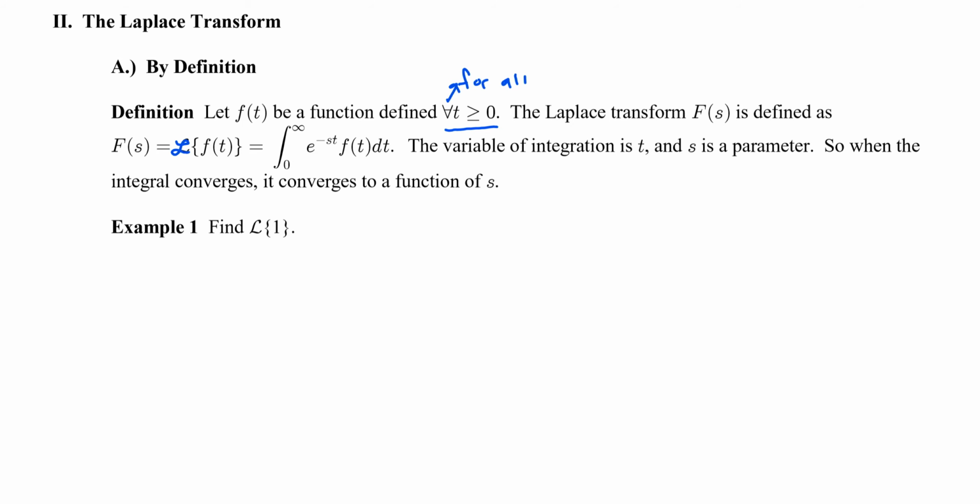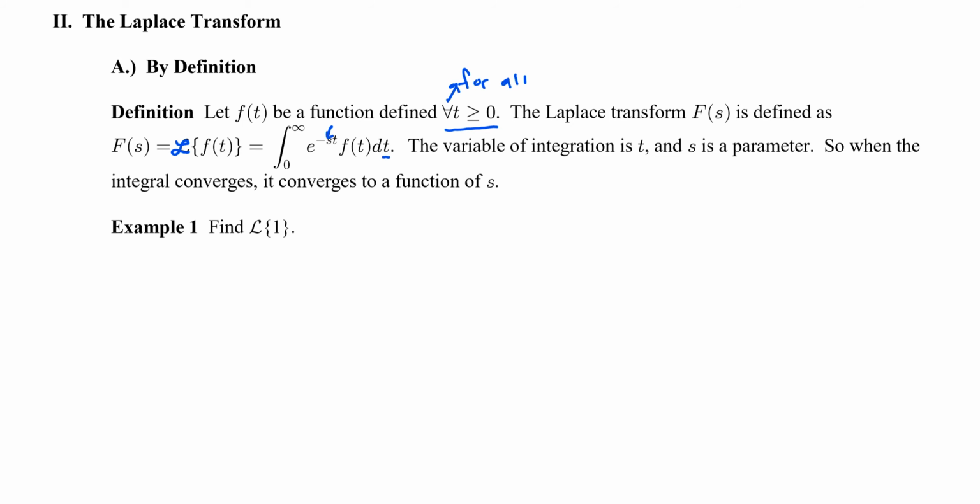So big F of s is equal to the Laplace transform of f of t. And here's the definition. It's the integral from 0 to infinity of e to the negative st f of t dt. So the function that I'm trying to transform, I'm going to multiply it by e to the negative st in the integral. And notice we're integrating with respect to the variable t. So the variable of integration is t, and s is a parameter.